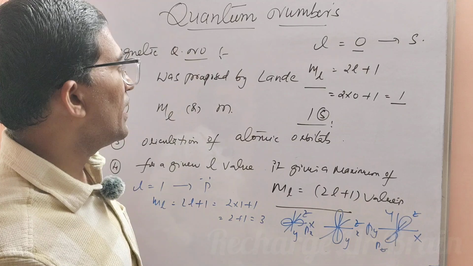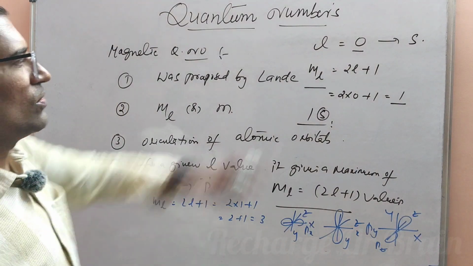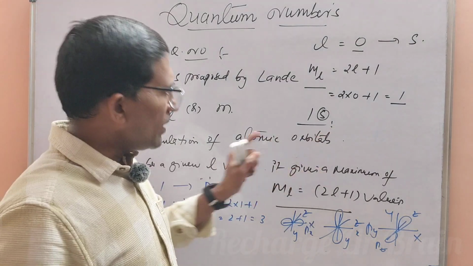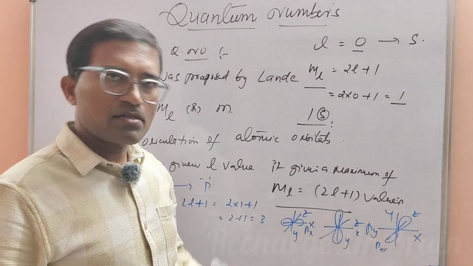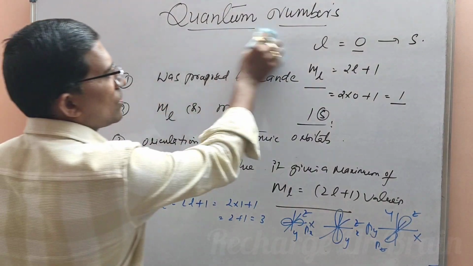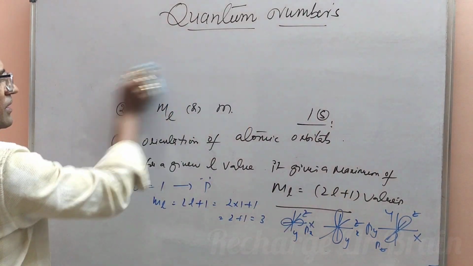So, as the l value is increasing, if l = 0, only one orientation is possible, because we are getting only the s orbital.